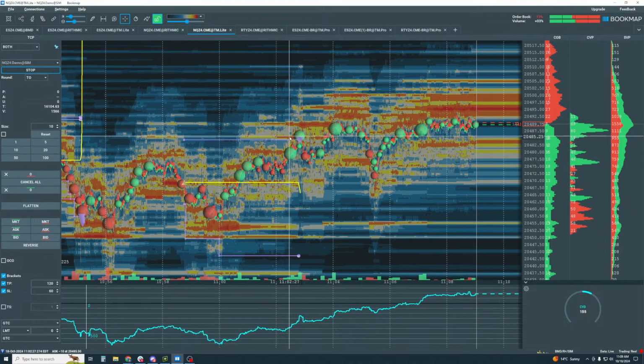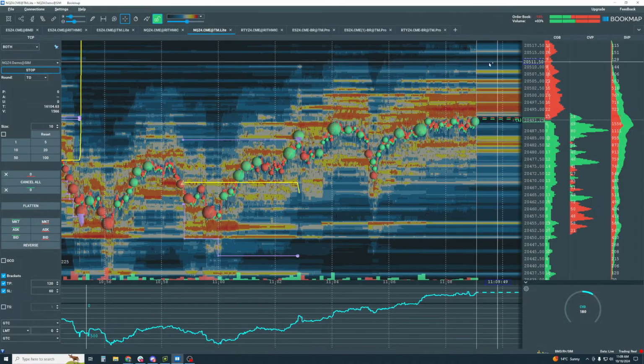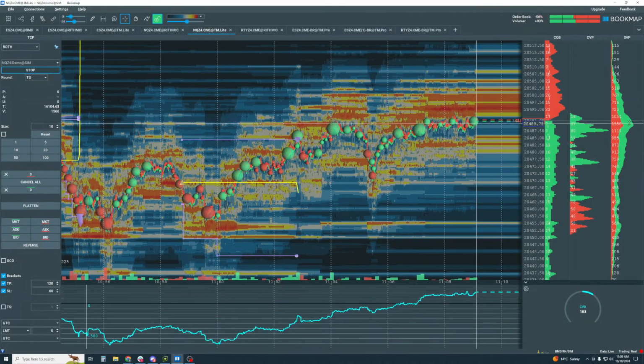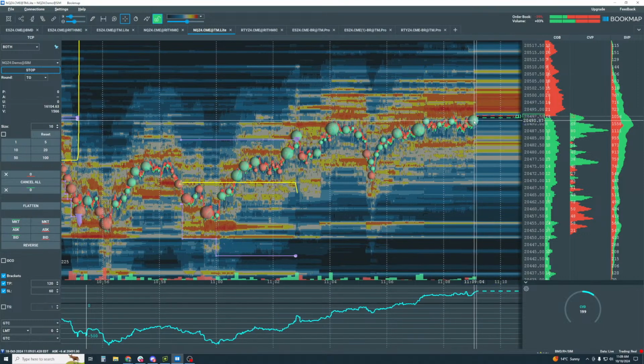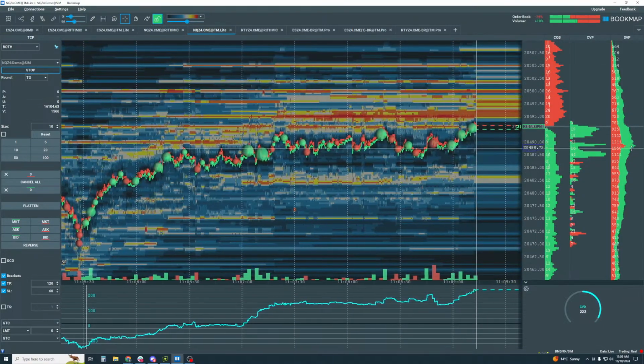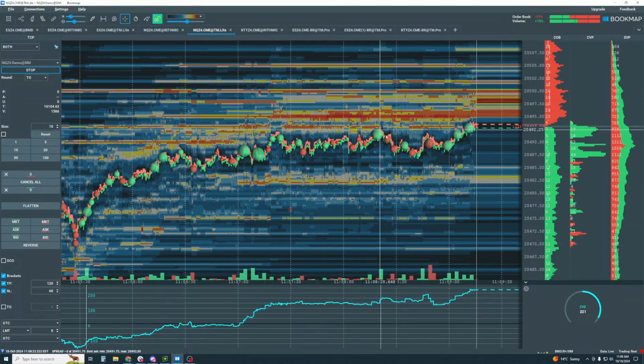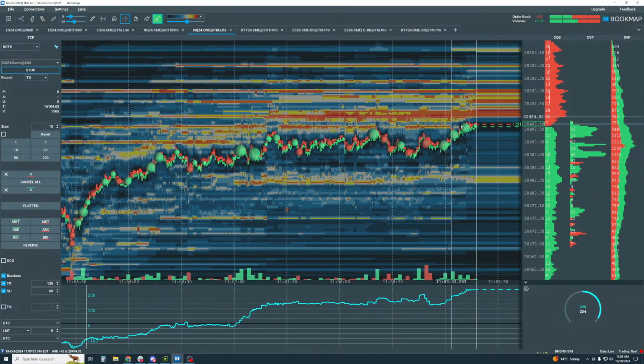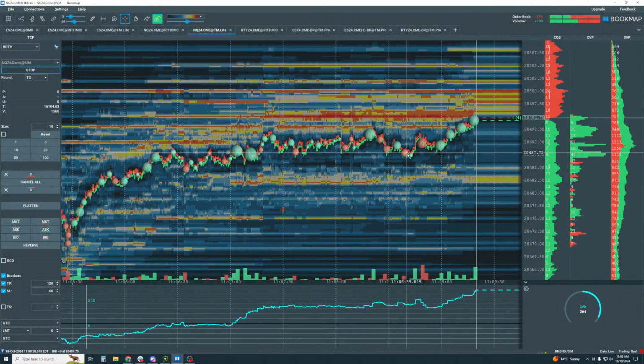But anyway, that's what we did. It came up higher, and we'll see. Is there more demand in here now? So this is trading profile and looking at these three elements: liquidity, aggressors, price structure.